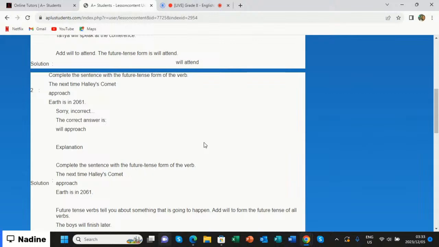The next time Halley's comet approach Earth is in 2061.